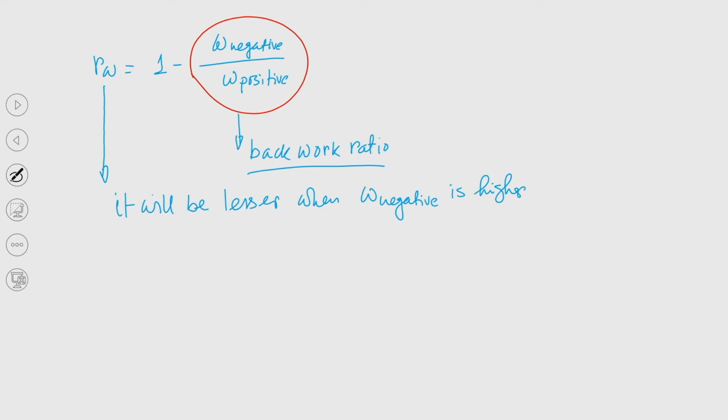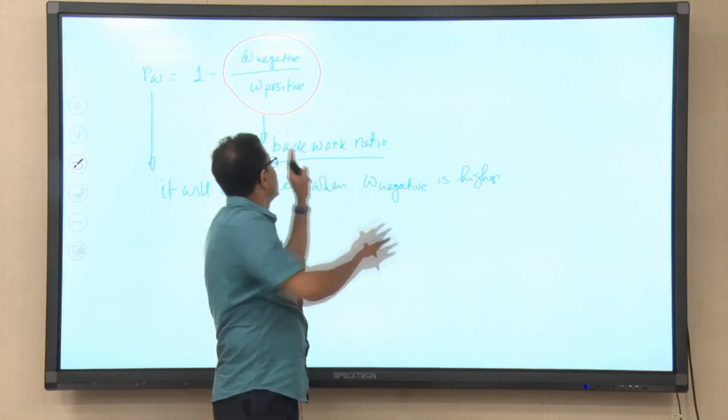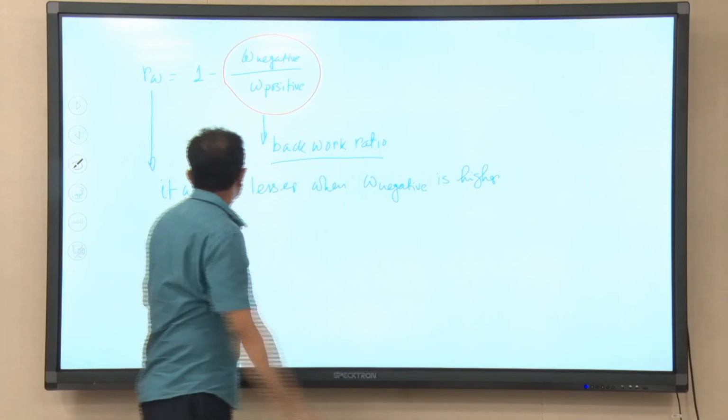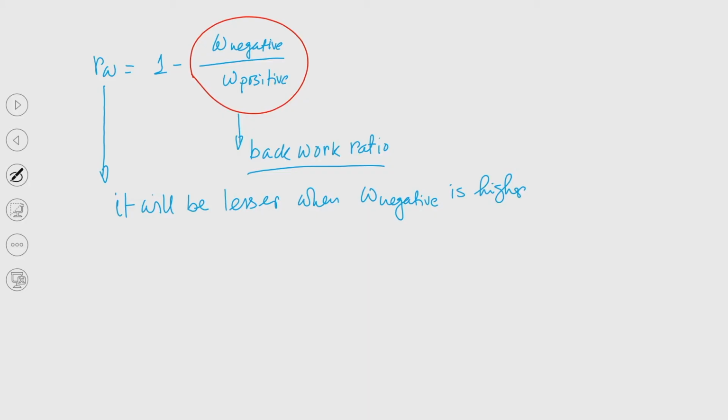So, if W negative is high, that is a significant part of the positive work, the back work ratio will be high. We can write the back work ratio RBW as nothing but 1 minus RW, from this expression.